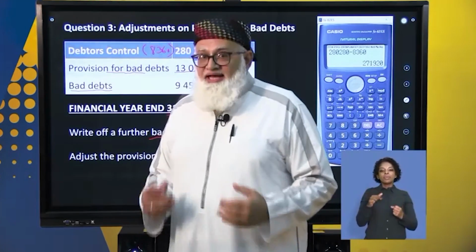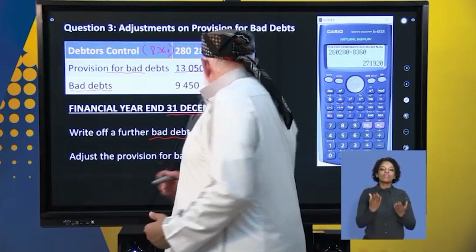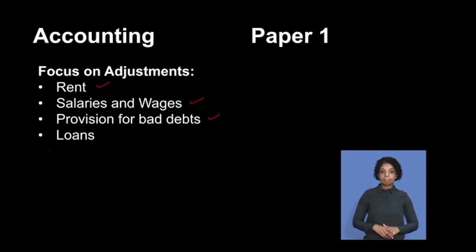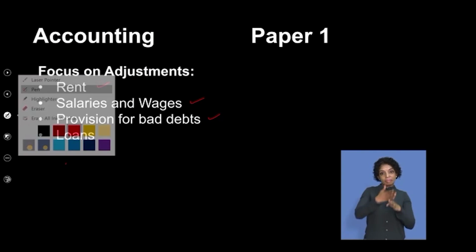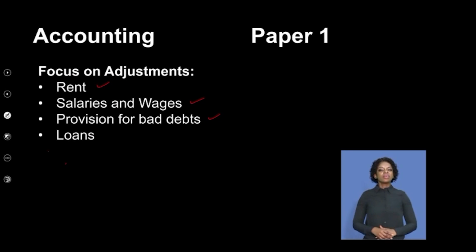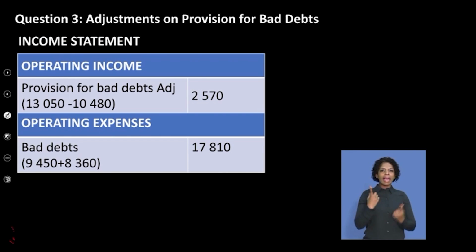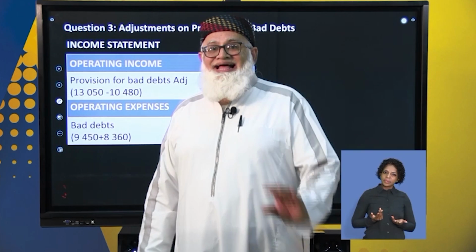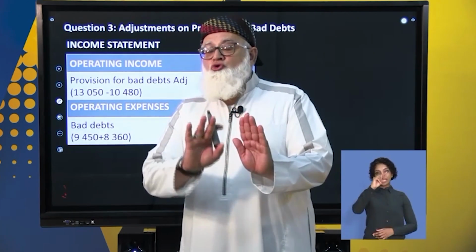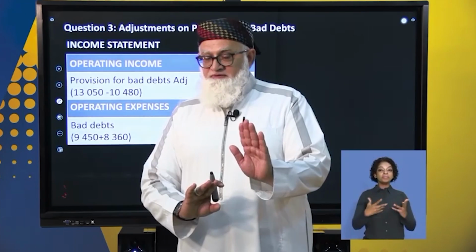But like I said, in our question, we are given the provision for bad debts. Let's just pick up our pen here. We are given our provision for bad debts to be 10,480, so we know what to work with. How do we deal with this in our income statement? What did we do to our provision?